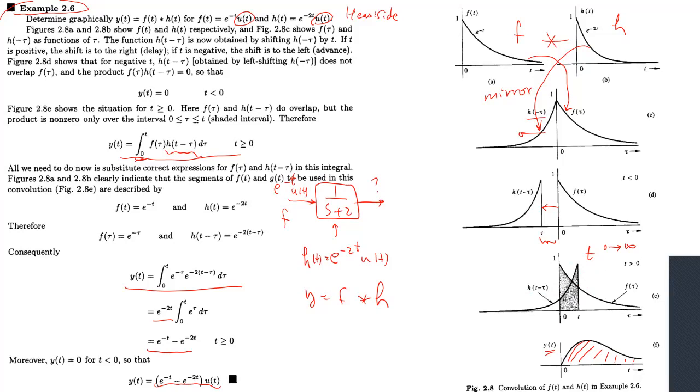When t is negative, there's no intersection, so the integration will be 0. This guy is fixed, I don't do anything here, but I allow this one to shift from left to right.